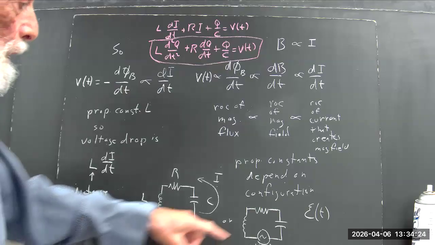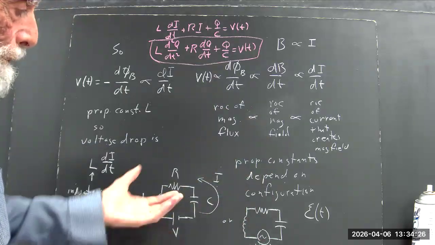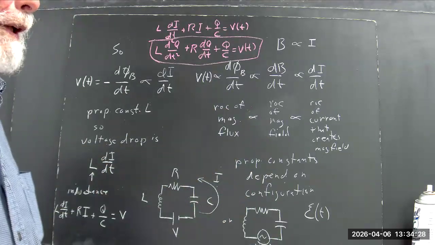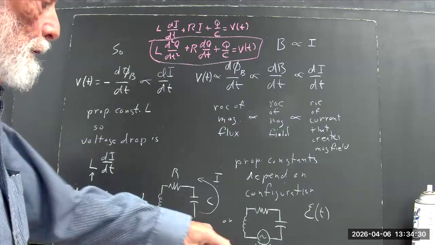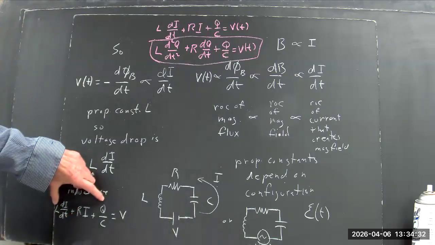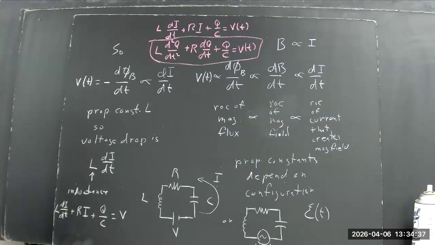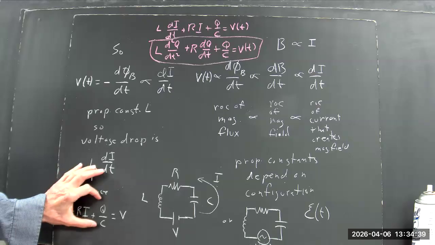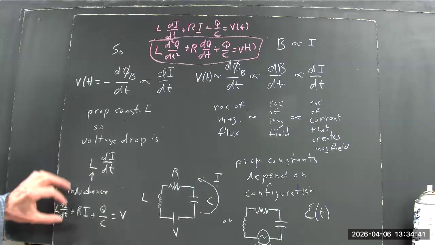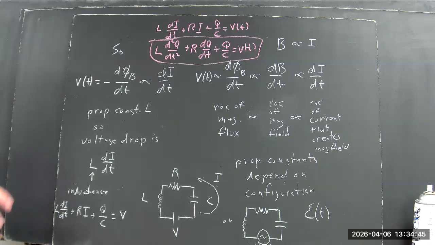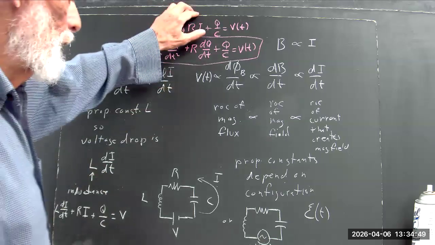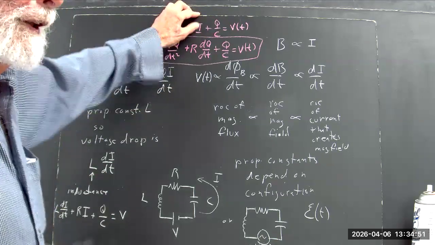In the case when you have an alternating current, well, you just think through how that works. And we're going to look at this equation in three special cases: one where the capacitor is missing, one where the resistance is missing, and one where the inductor is missing. And these equations are very, very easy to solve.